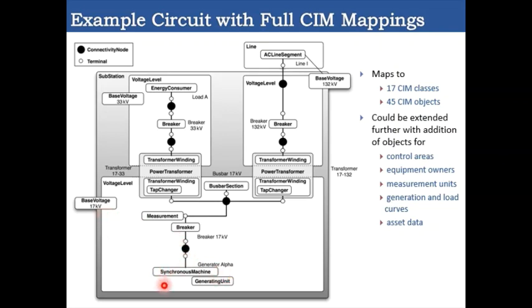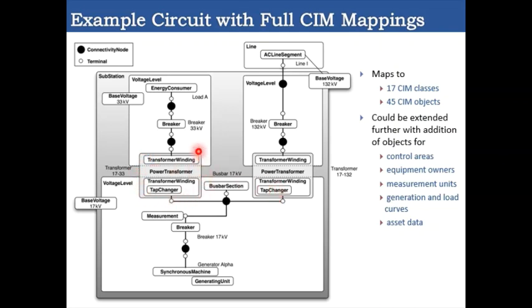Then you have at the lower end synchronous machine and the generating unit, so you need these two classes. Then you need breaker, you need measurement, and then it is connected to busbar section, and from busbar section you are having two power transformers.